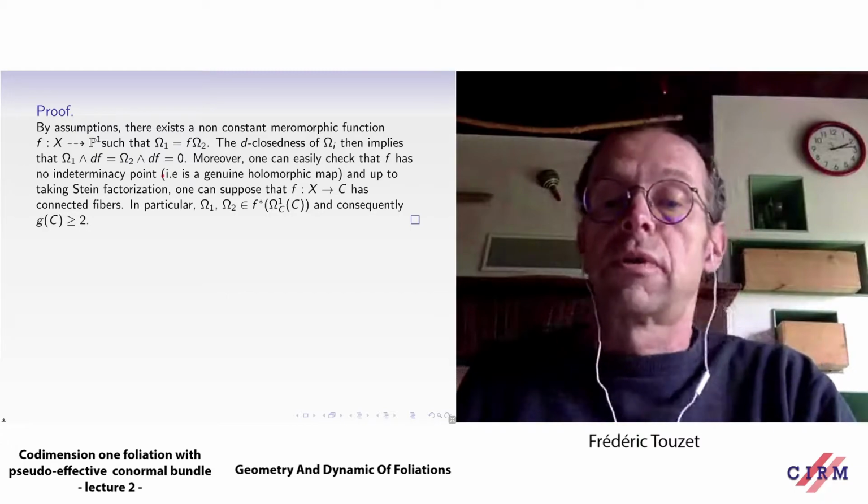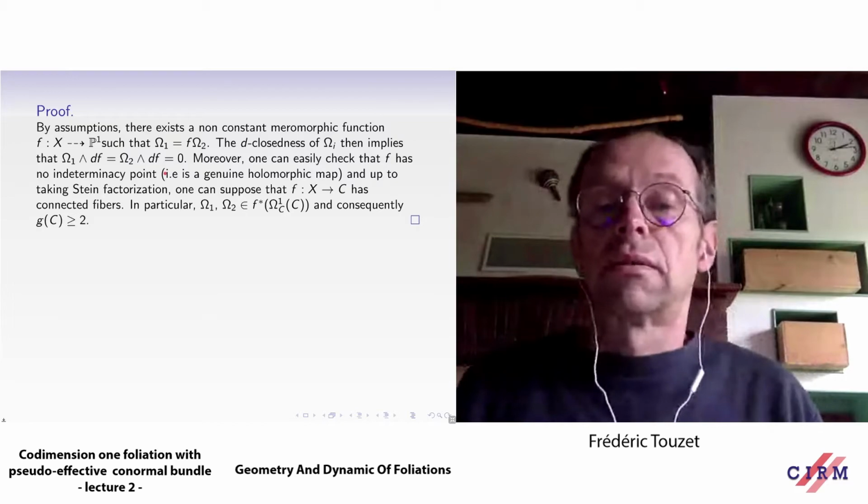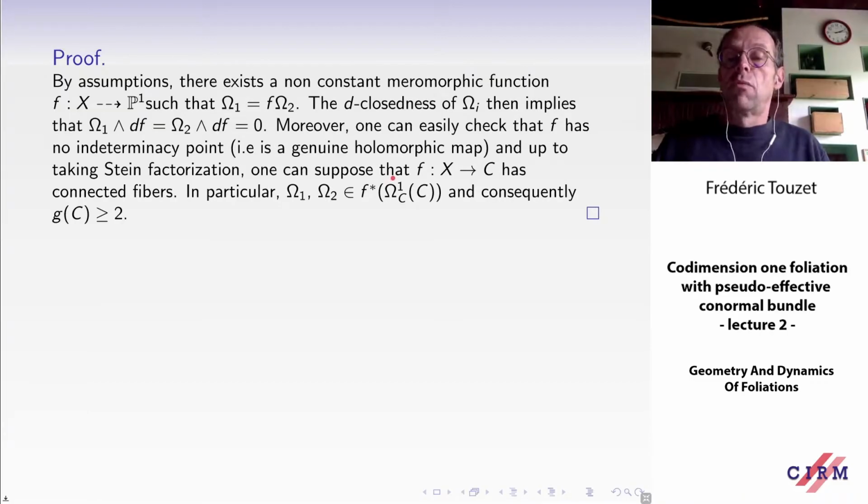Of course, this f as a map of X to P1 has no connected fibers, but by taking the Stein factorization, one gets the situation where the foliation is defined by a morphism of X onto C with connected fibers.